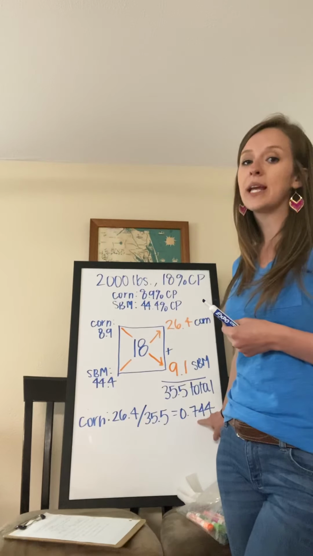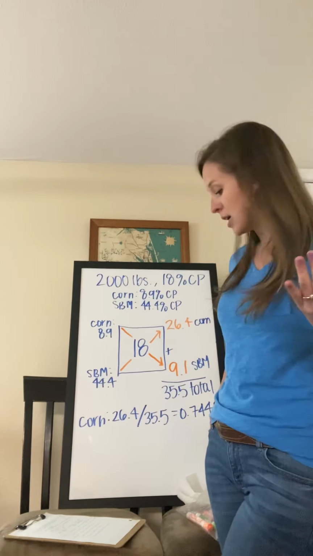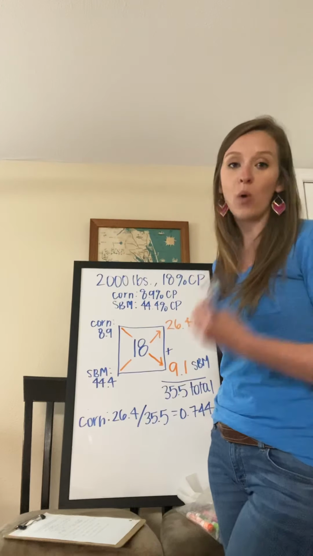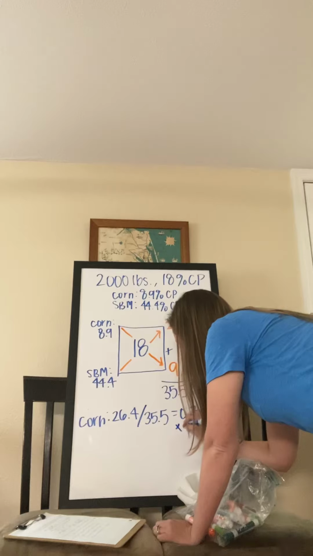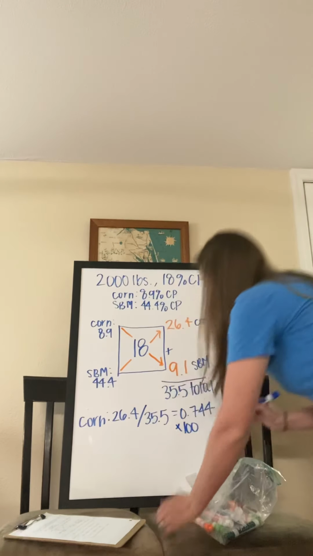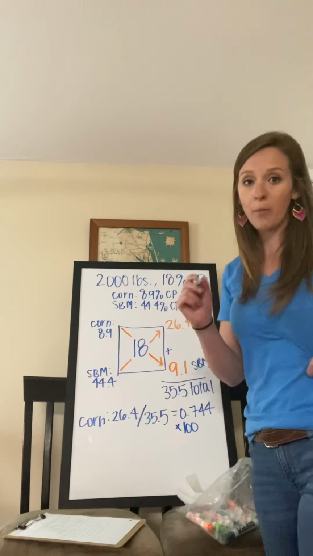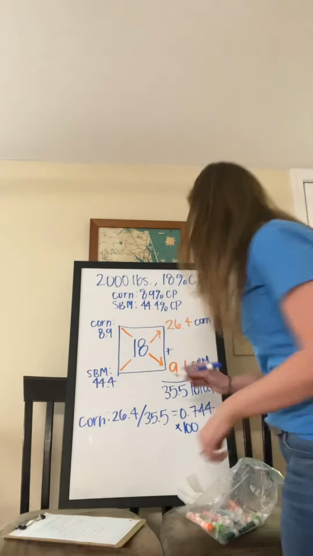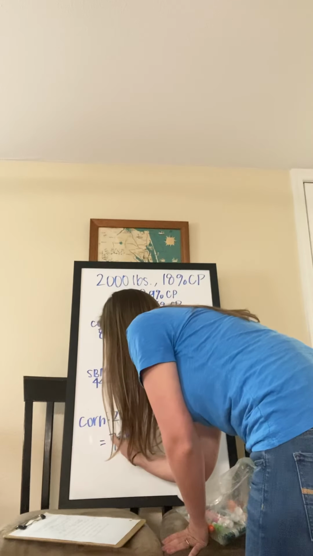In order to get that into a percentage, all we have to do is multiply by 100. So times 100 equals 74.4% of corn. I'm gonna write that over here.